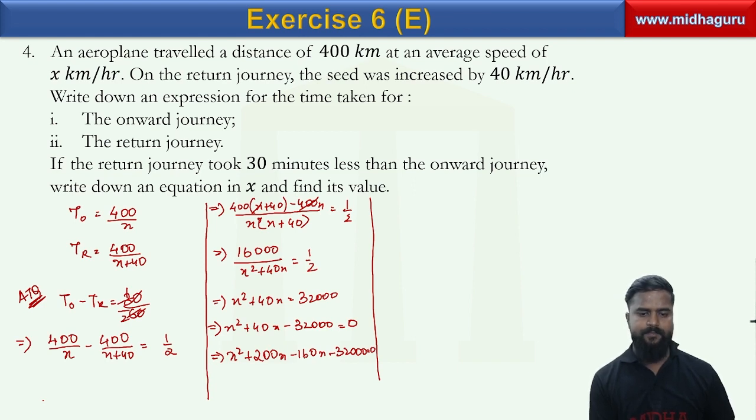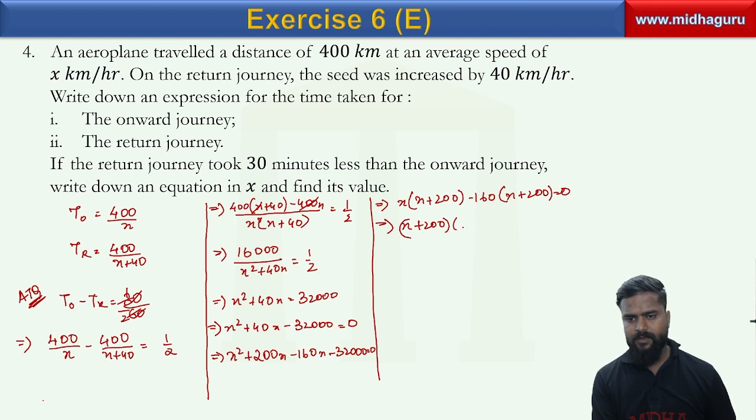So this will be the factorization. So here we'll take x common, you get x plus 200. Then we take minus 160 common, again we get x plus 200. So x plus 200 into x minus 160 is equal to 0. So x is either equal to minus 200 or positive 160.